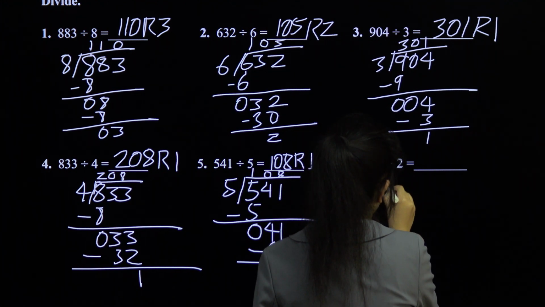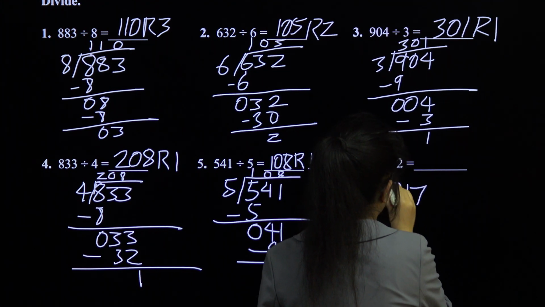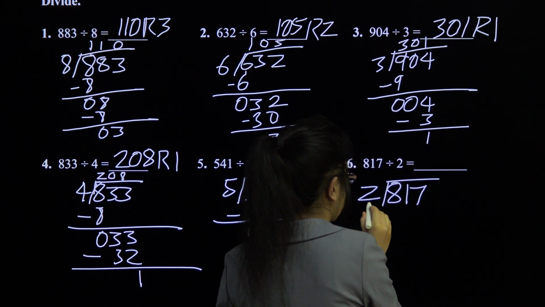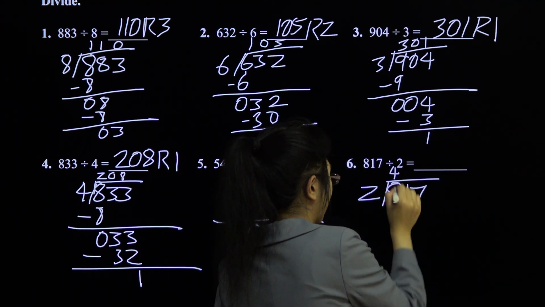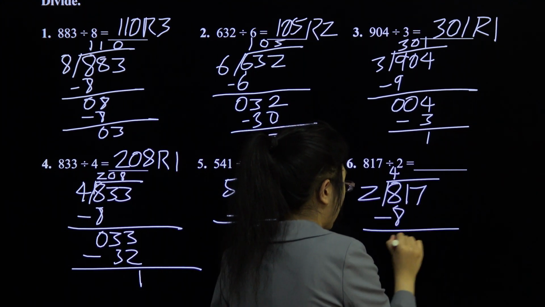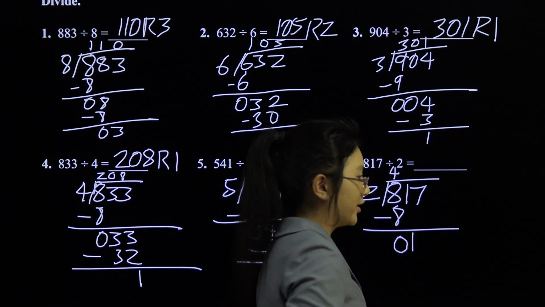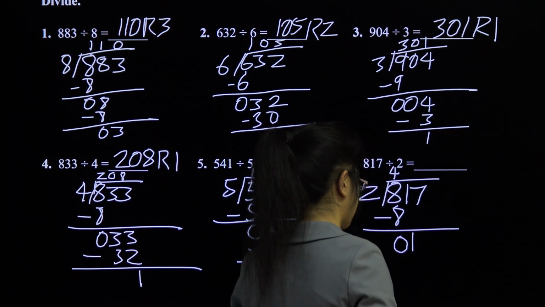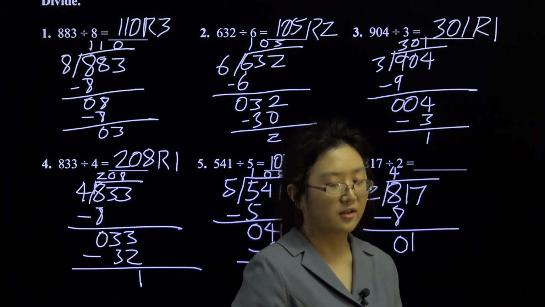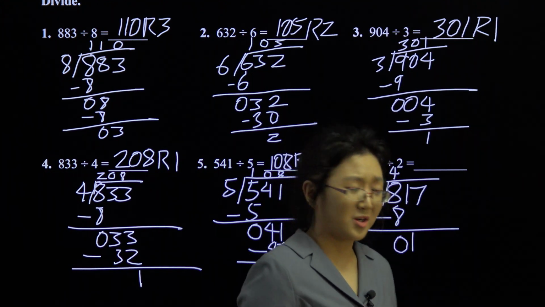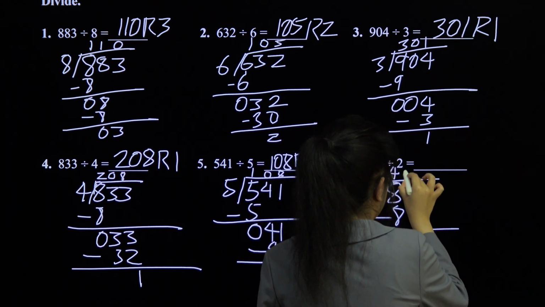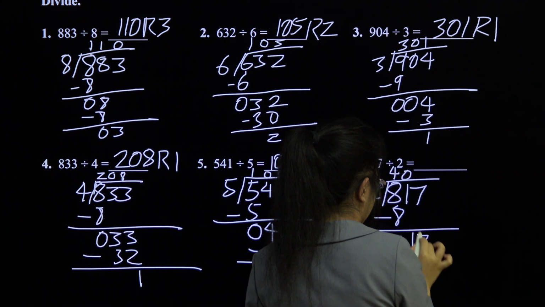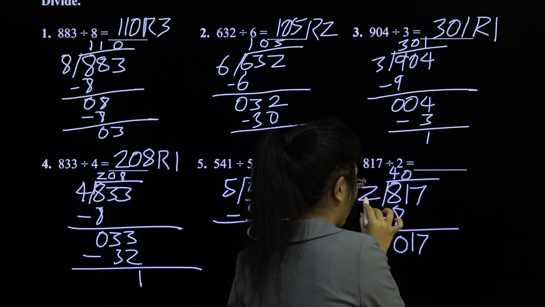Last question of the section, 817 divided by 2. 2 goes into 8 4 times, and then you subtract, and then you drag down the next digit, but the next digit doesn't work. Well, it does technically, yeah, it technically doesn't work. So you add a 0 to the quotient, and you drag down the next digit.